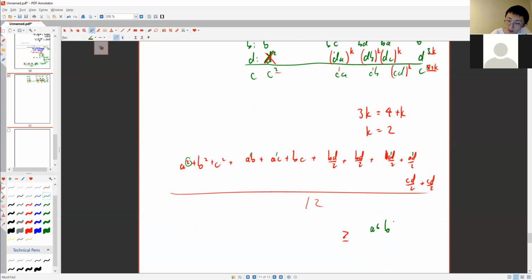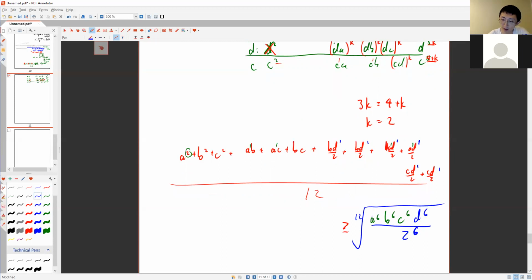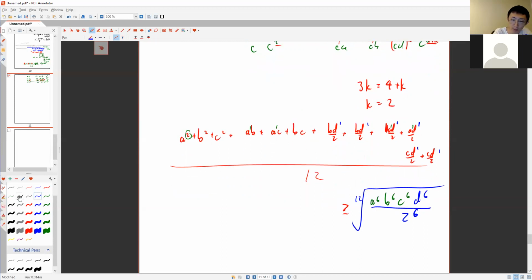B's and C's are the same thing because it's symmetric in A, B, and C. Now D's, we have 6 D's, right? So D to the 6th. And then this is over 2 to the 6th. And then we have the 12th root. So that's how we find the weight in this particular problem.